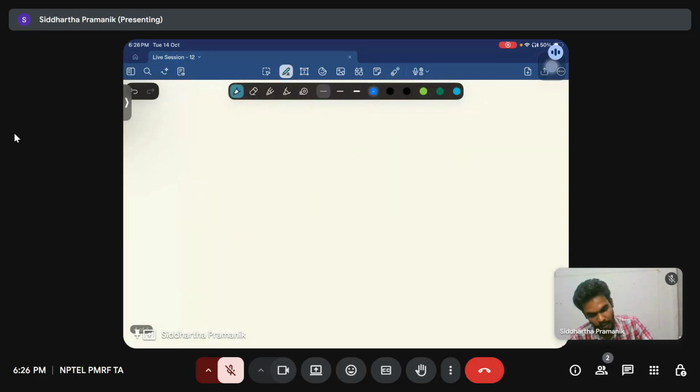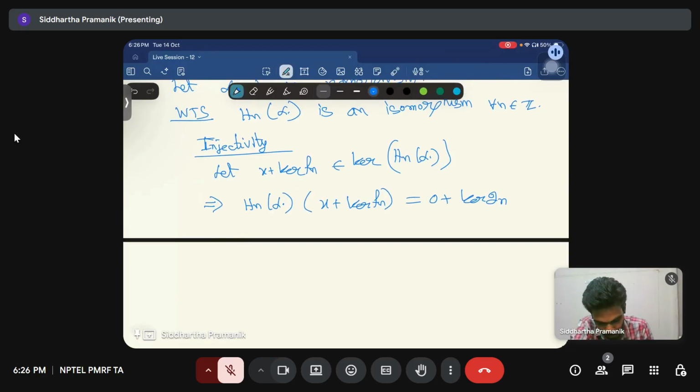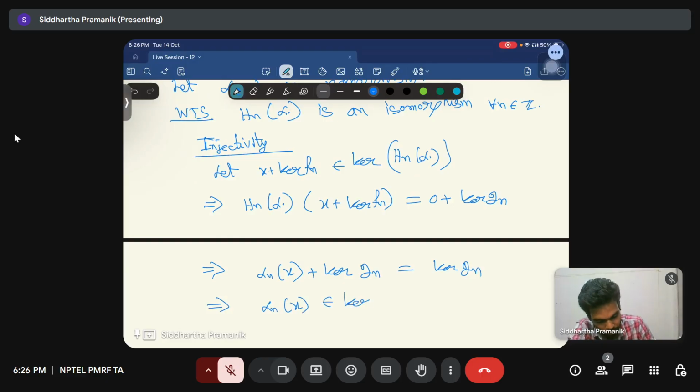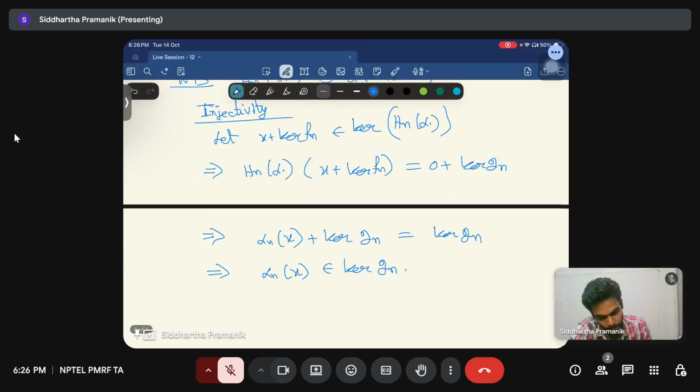So it is in the kernel means the image of this map is 0. And what is the image? It is alpha n of x plus kernel of gn. So that means alpha n of x belongs to kernel of gn. So that implies gn alpha n of x is equal to 0.